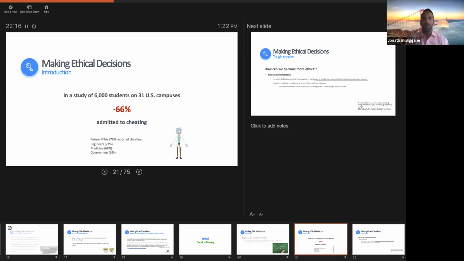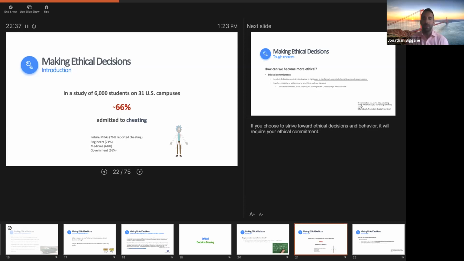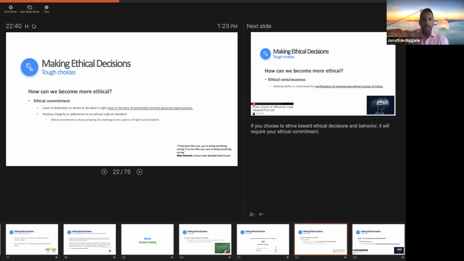But as we saw in the Ford Pinto case, the business decisions that you make have the potential to impact a much greater number of people than even potentially a doctor or an engineer. So we have to decide for ourselves what we are going to agree is ethical and what's unethical.